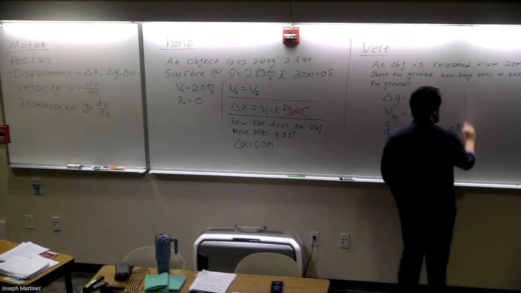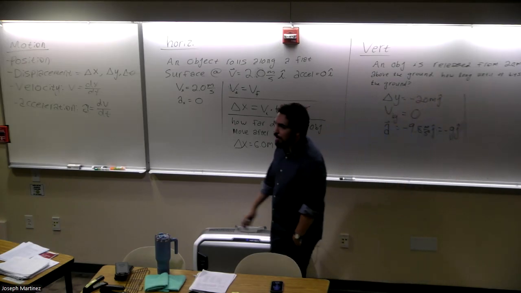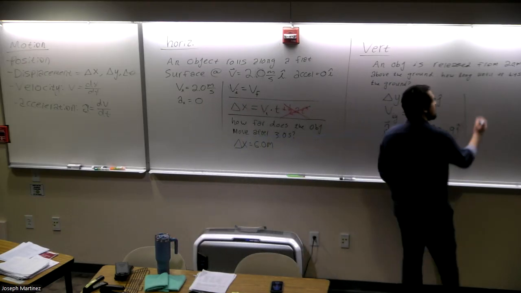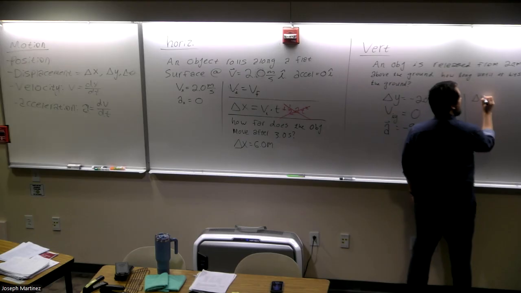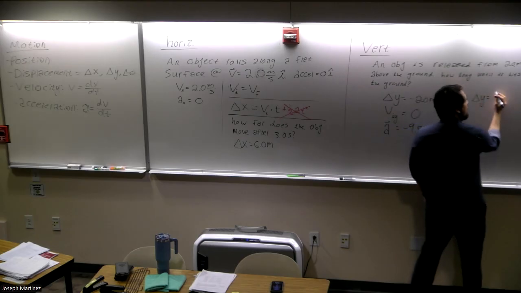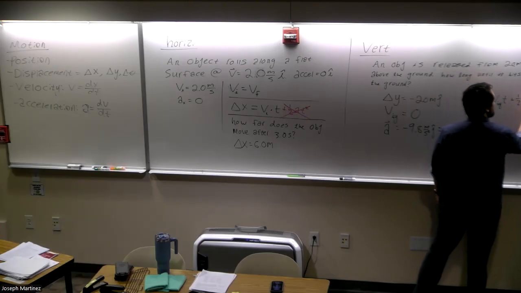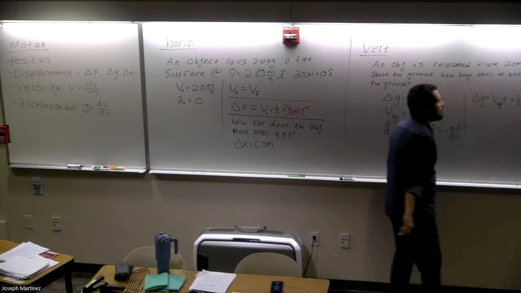In any case, we have our problem, we have our known values, and we can plug them into our equation that says delta y is equal to the initial velocity in the y direction times time plus 1/2 the acceleration times time squared.